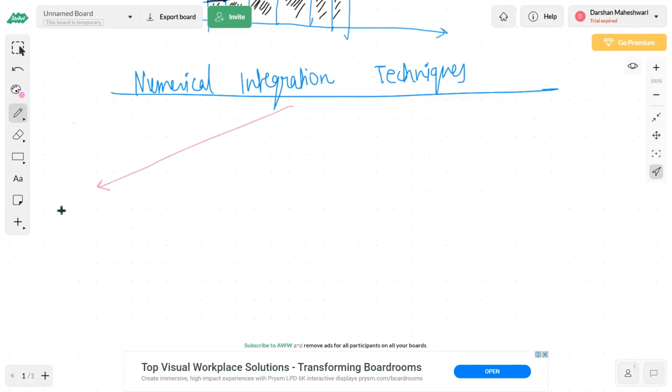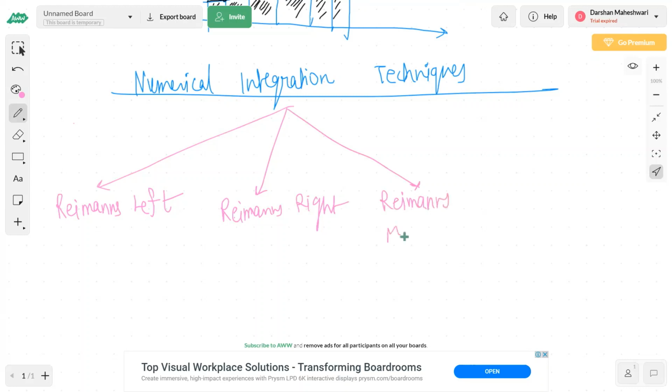The first three are for Riemann's: Riemann's left side, Riemann's right side, Riemann's midpoint. We talked about trapezoidal, and of course the king of all, Simpson's.